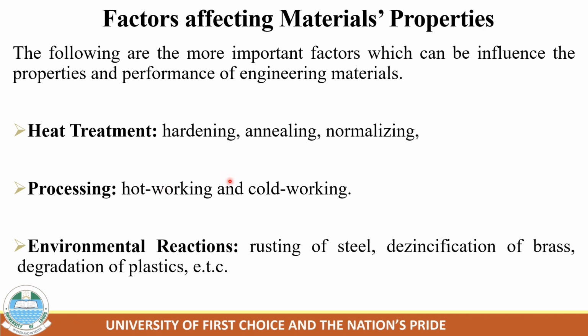What is meant by hot working is that all the practical exercises that involve heat in the workshop are referred to as hot working, like welding. Welding is hot working, foundry is hot working, forging is hot working. Anything that involves the application of heat on metal or any material, any operation that demands heating, is referred to as hot working.